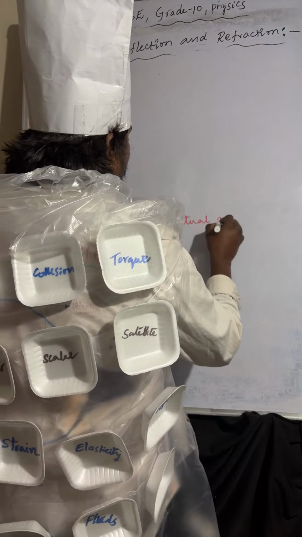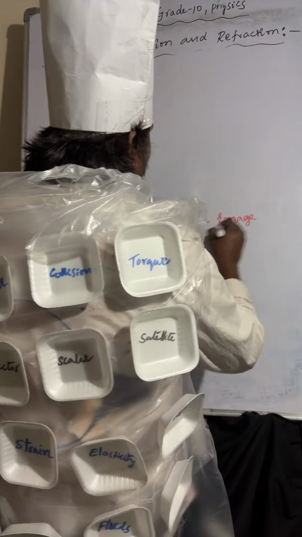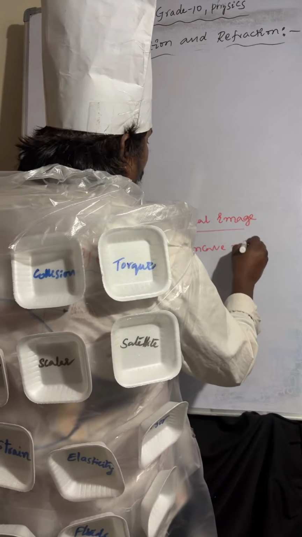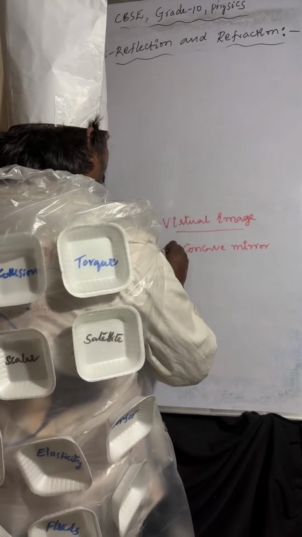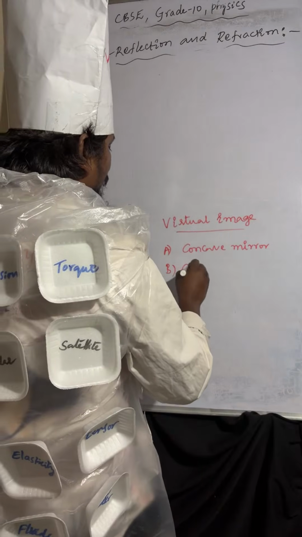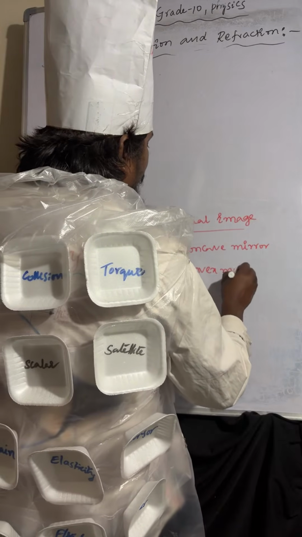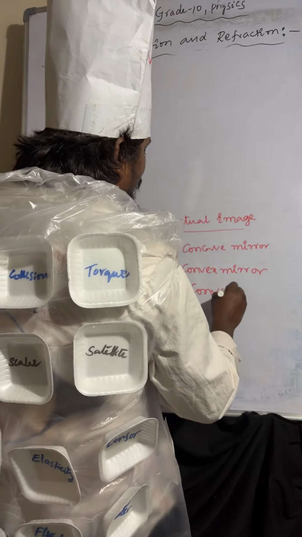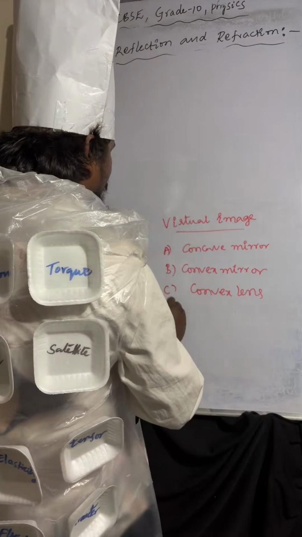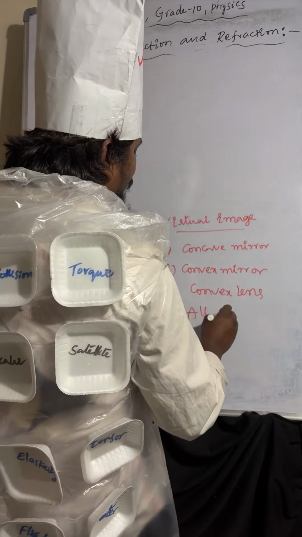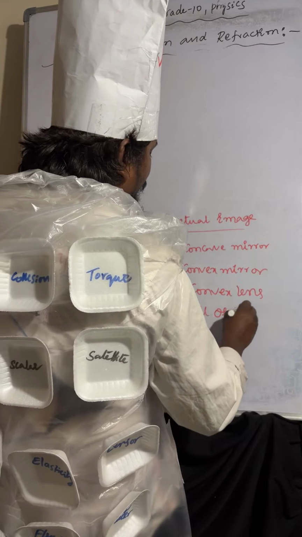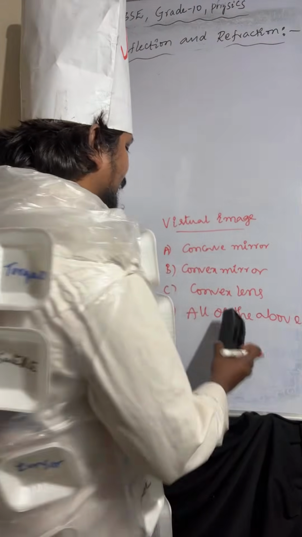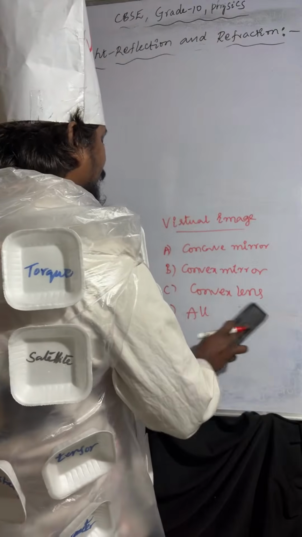Where will virtual image form? Option A is concave mirror, option B is convex mirror, option C is convex lens, and option D is all of the above.